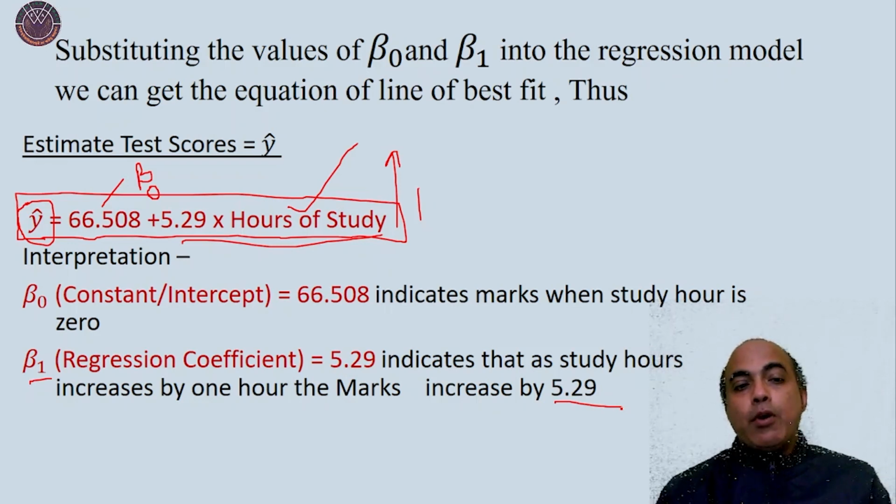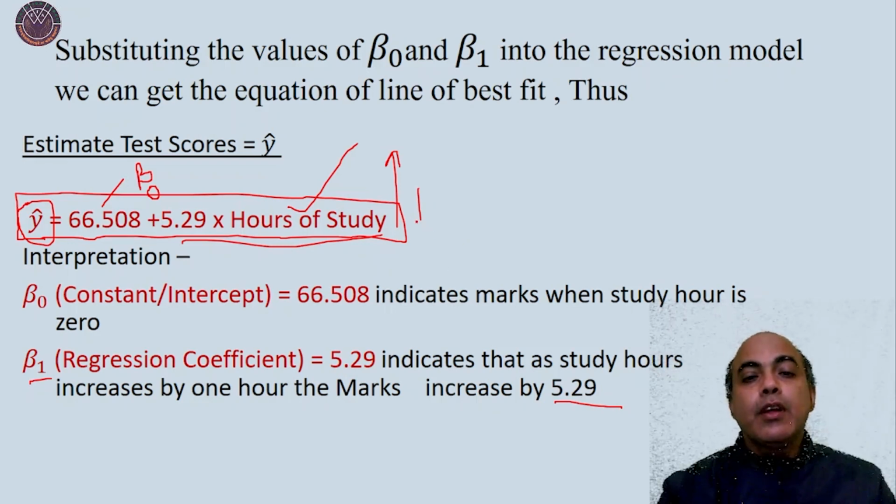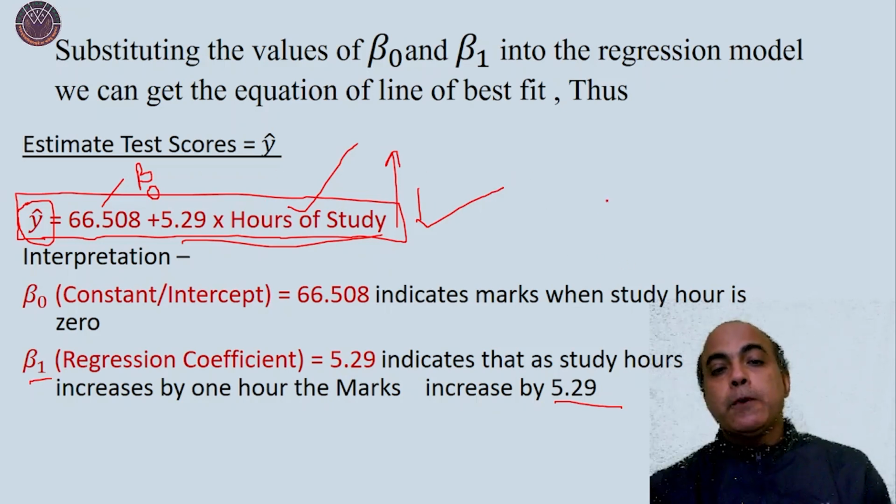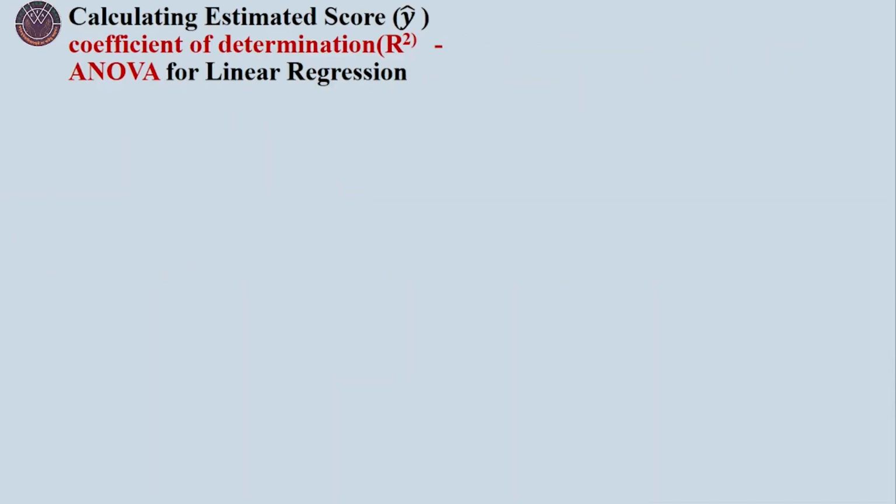So we have got a regression line equation, by which we can estimate the test score. After getting the linear regression equation, by which we can predict or estimate the value of y, we now proceed to get the coefficient of determination.